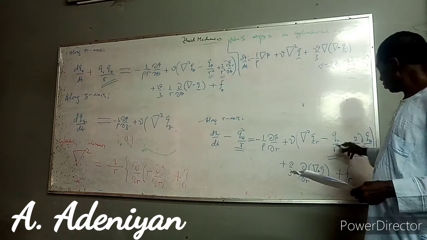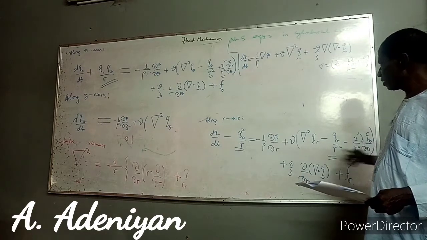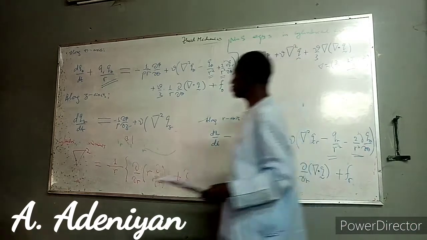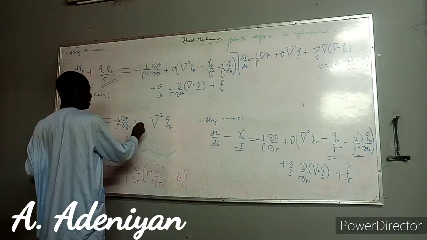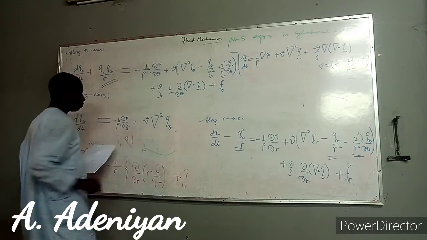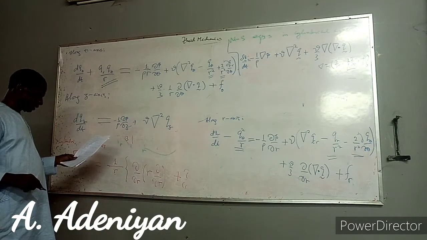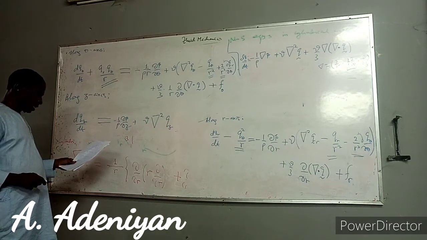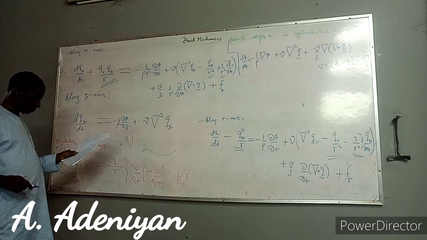This and this, they are not there, because QR is 0 there and Q theta is 0 there, so this is the only one. This one is very much simpler and it looks much like that of the rectangular coordinate system. Now, what is left now is what? The incompressibility part. The incompressibility part is now what?